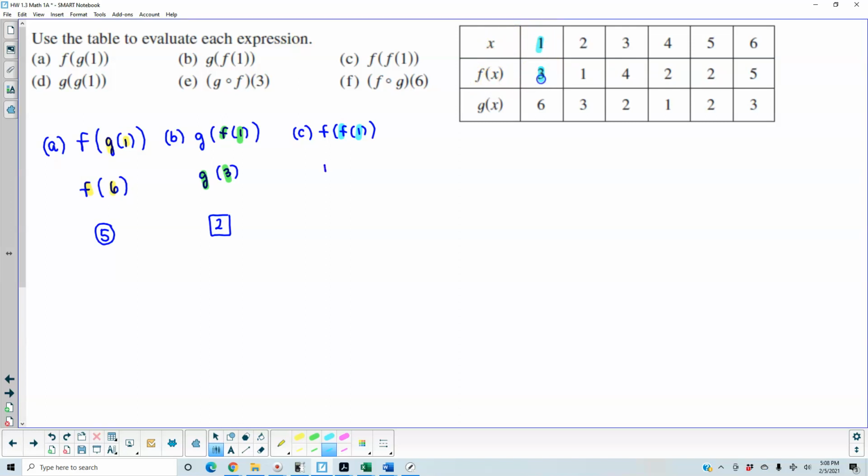So therefore this becomes f of 3. And now this 3 becomes the input on f. When the input is 3, the output on f is 4. So therefore our answer is 4.